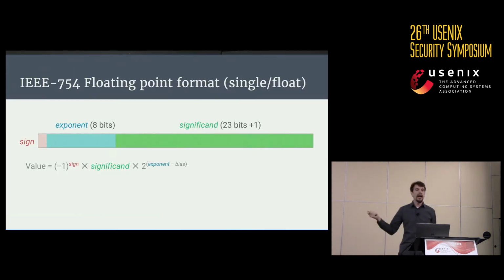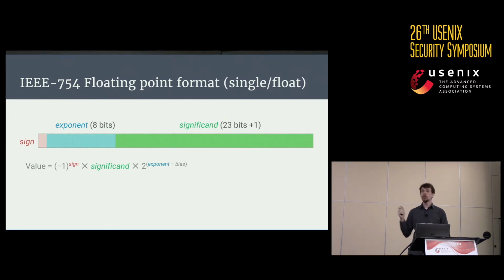So this is an IEEE 754 single precision floating point format. It's a 32-bit format. You know them as float, maybe. There's also double, which is a 64-bit format. You may be familiar with that as well, and I'll mention it several times. And in this format, we have a sign bit, 8 bits of exponent, 23 bits of significand, and the value is represented by the following equation.